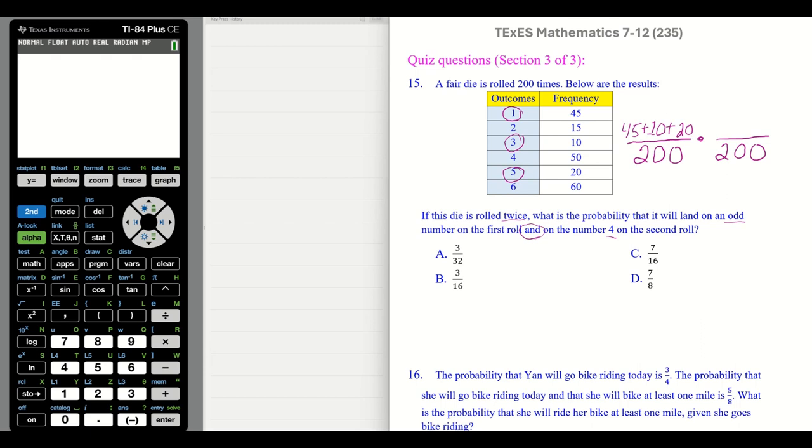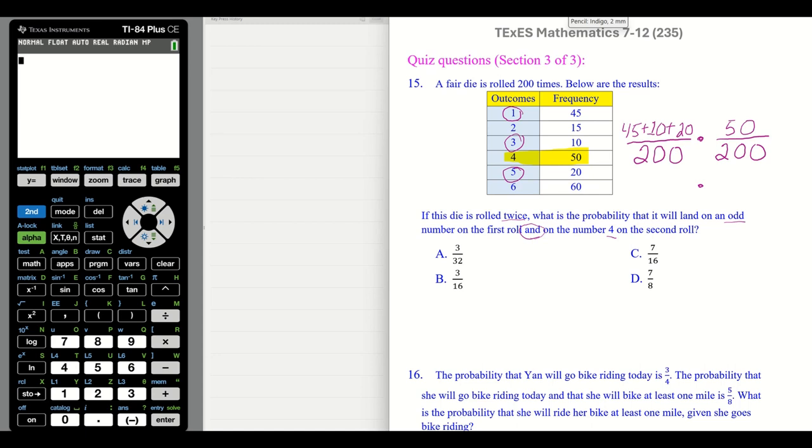And for the number 4, we're pretty lucky with that one. For the number 4, we simply have 50. This means that we need to add up 45 and 10 and 20, that's 75.